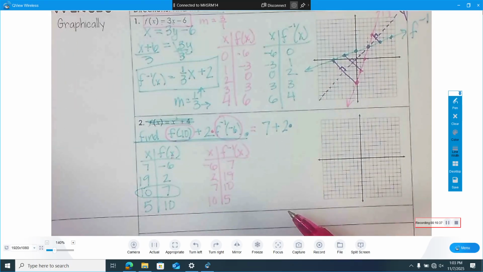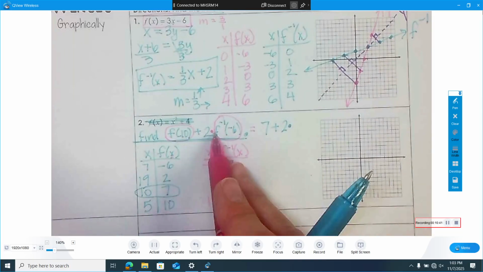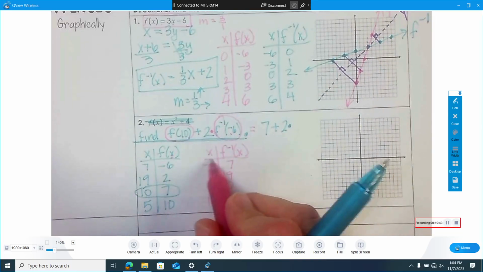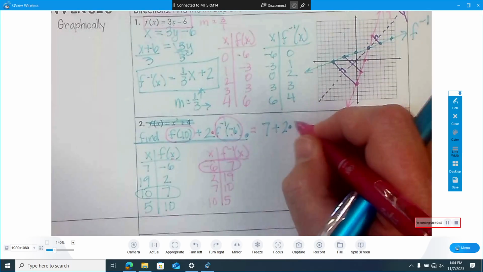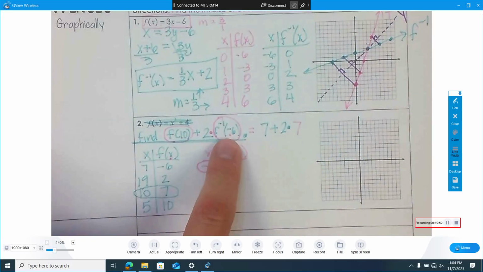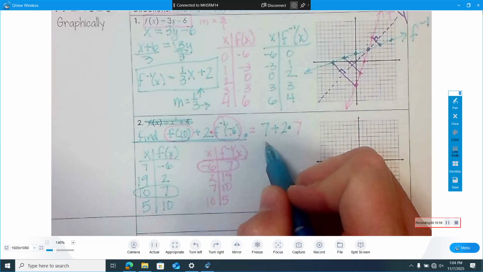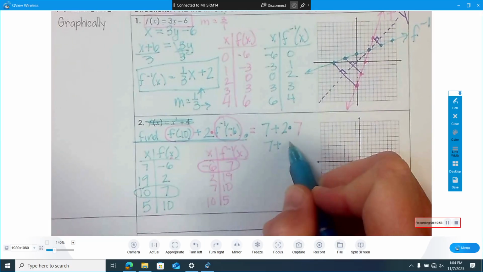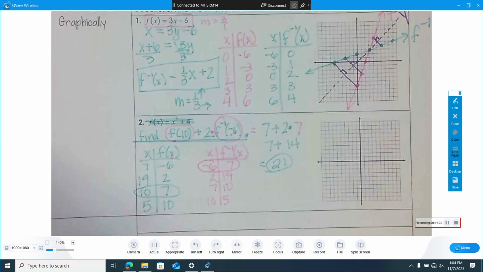It's saying go to your inverse function, and if the input is negative 6, so here's our input of negative 6, what's the output? 7. Okay. So f inverse at negative 6 has a value of 7, and now it just needs us to do a little bit of math here. 7 plus 14 gives us 21, okay? So this is all about understanding notation.